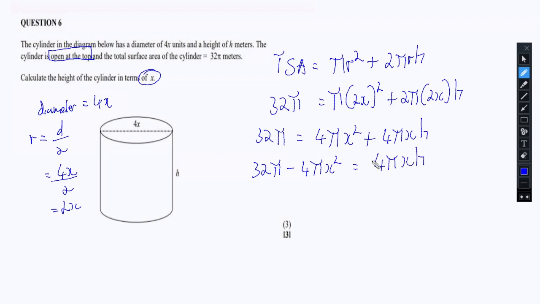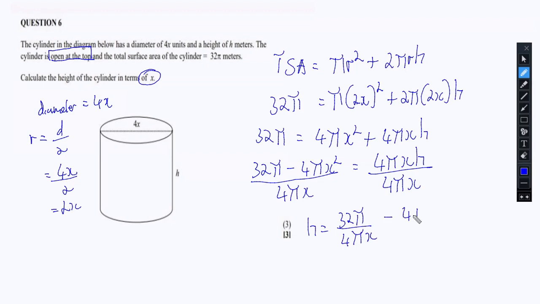So again, we are not done isolating h. If we want to remain with only h, I have to divide both sides by 4 pi x. Then my h is now what? I can write this as 32 pi over 4 pi x minus 4 pi x squared over 4 pi x, right?